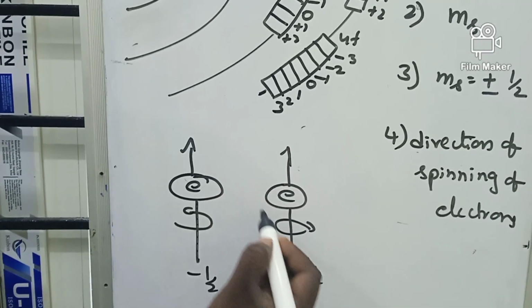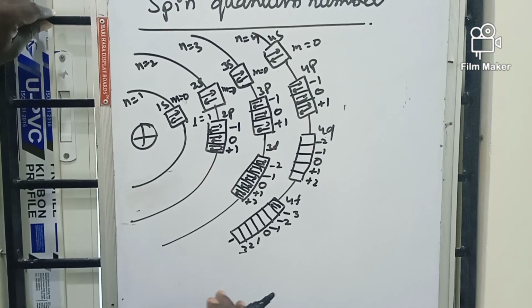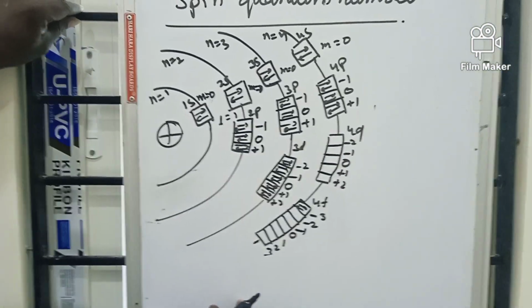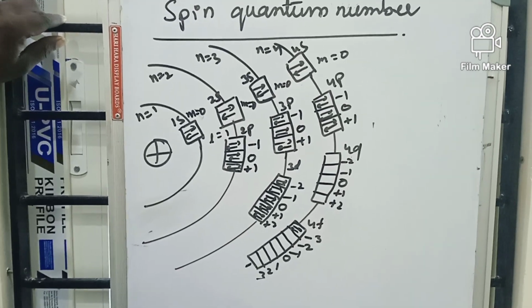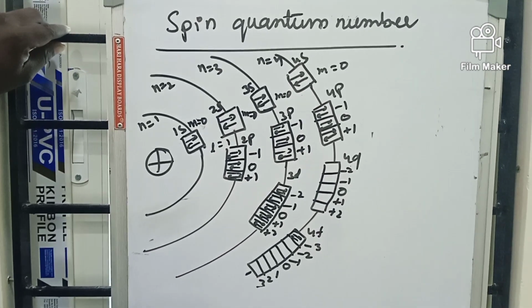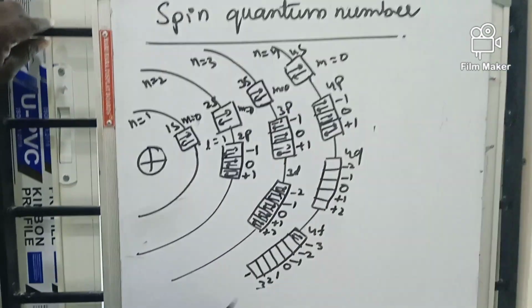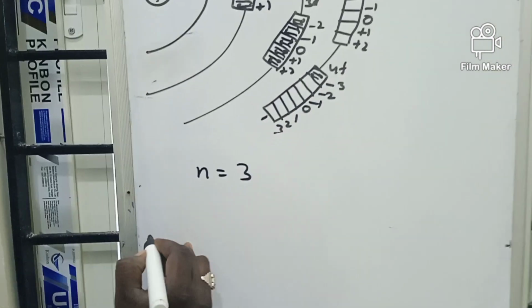After the 4 quantum numbers we can find how many electrons are there in a particular orbit and how many orbitals are there in a particular orbit. Let us calculate. Suppose we are taking the third shell, n equal to 3.